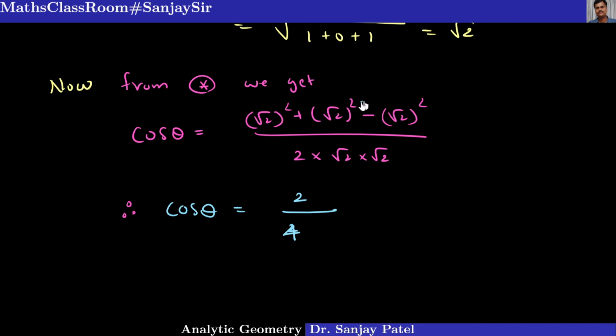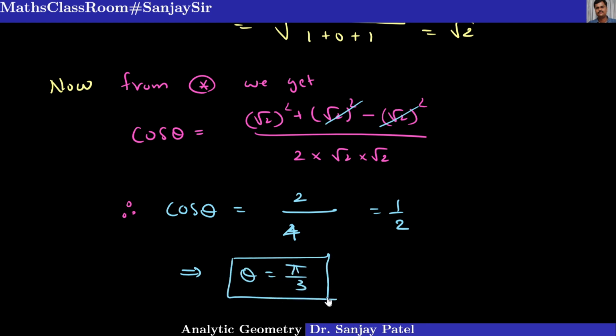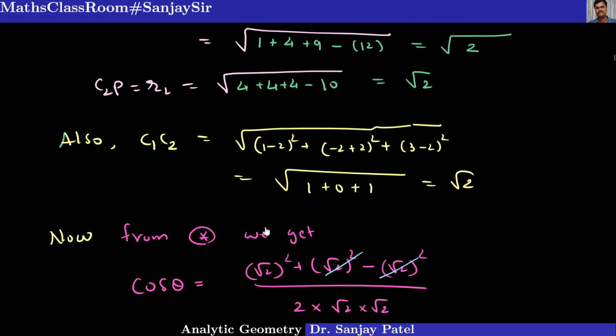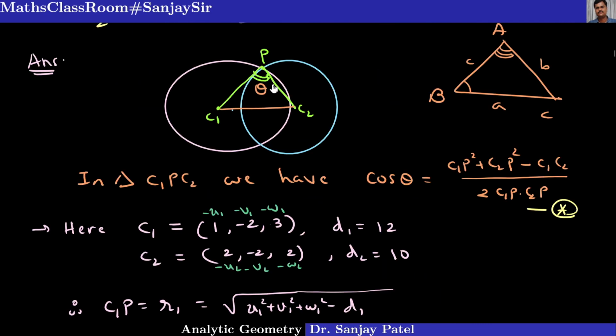Root 2 into root 2 is 2, 2 into 2 is 4, so we get 2 upon 4, which means 1 by 2, and this implies theta is equal to pi by 3. So the angle between two intersecting spheres in this example is pi by 3. So this angle we have found as pi by 3.